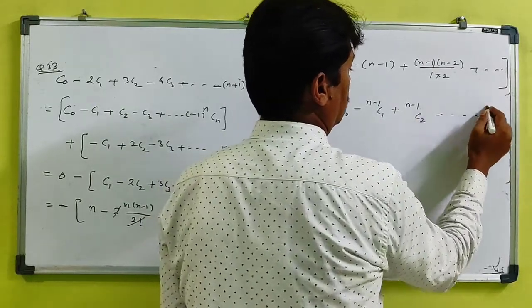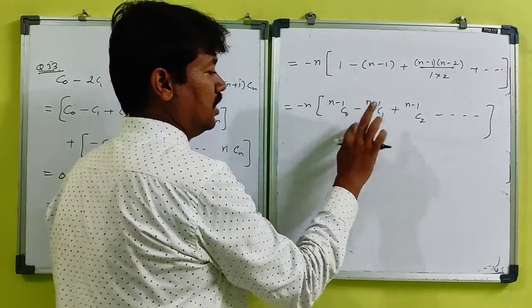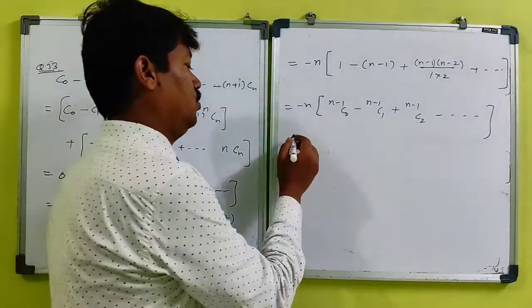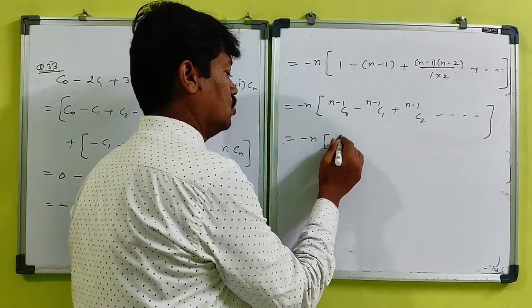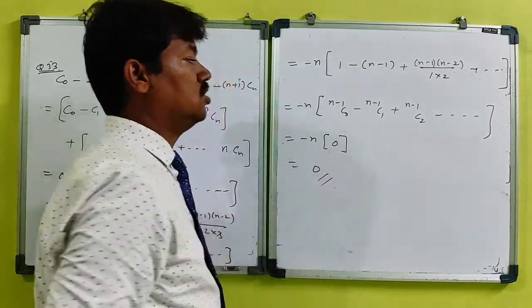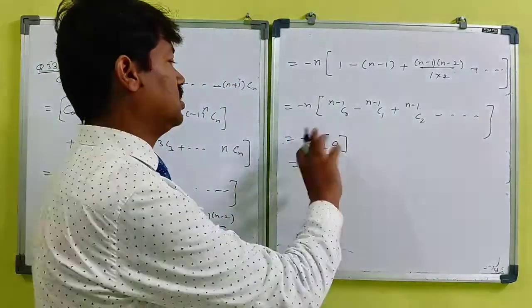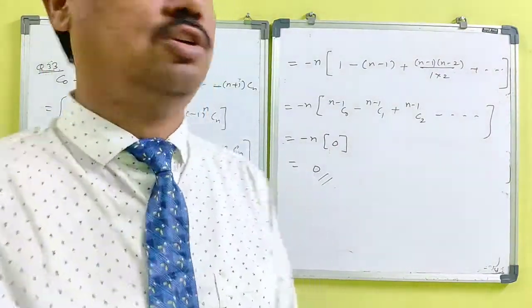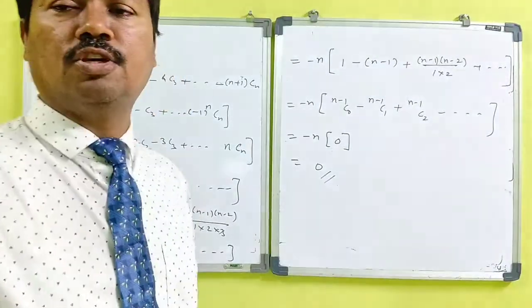So again alternate plus and minus is coming. So it is going to be minus n into 0. So the answer should be 0, because when there is plus and minus in the expression, the sum of the coefficients is going to be 0. So 0 into minus n is equal to 0.